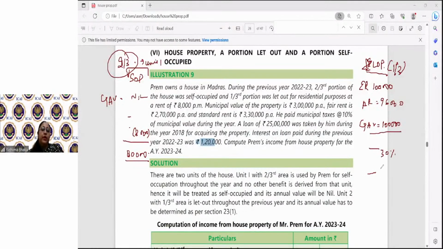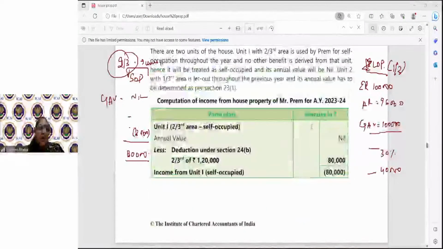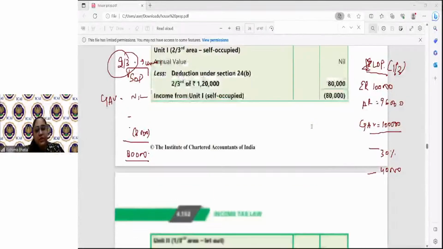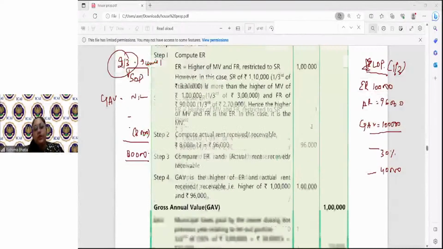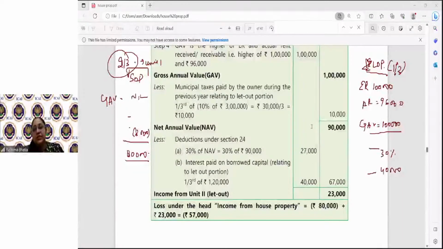Minus interest on loan. Interest on loan यहाँ पे कितना होगा guys? 1/3 property का 40,000. So your total income from house property here: पहले self occupied property से आया negative 80,000 और let out property से आया 63 minus 40, 23,000.